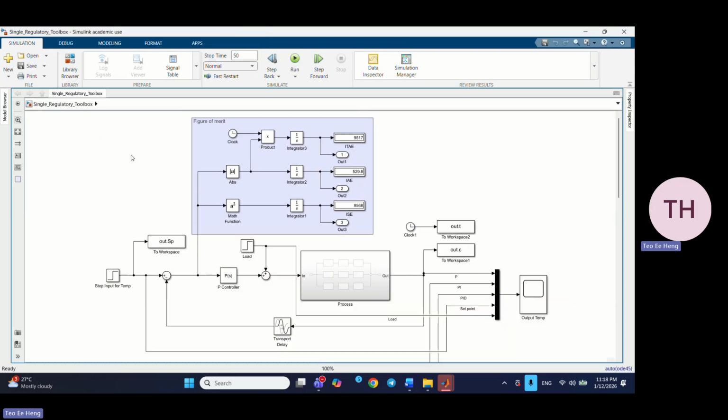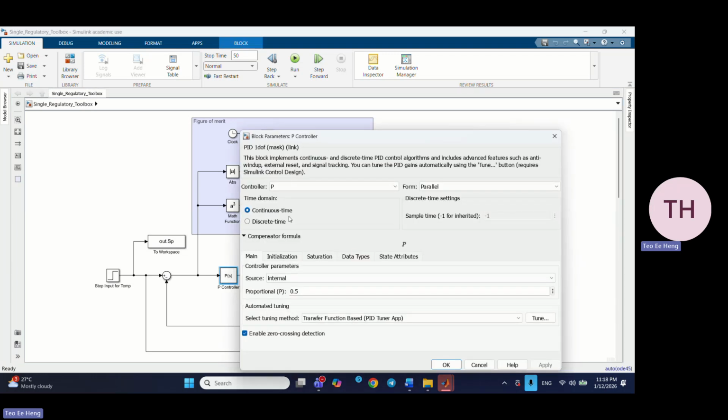For the regulatory control system using the toolbox, we replace the manual controller with the toolbox. Then the same controller parameter settings are applied.